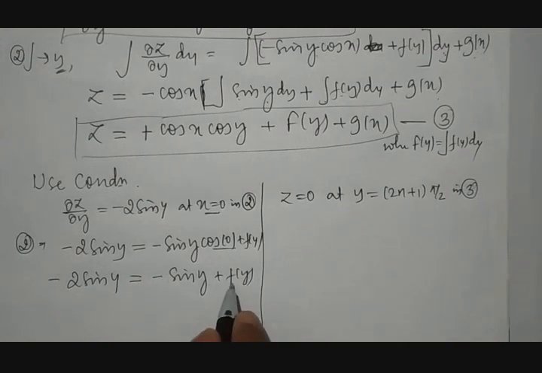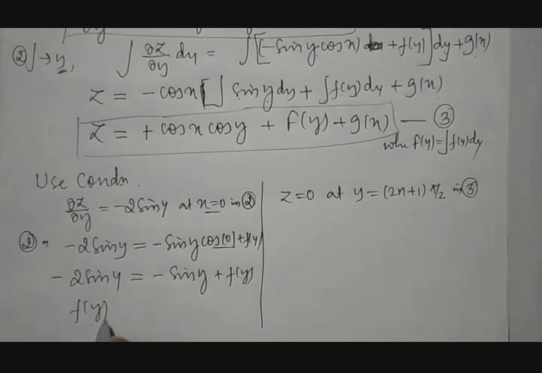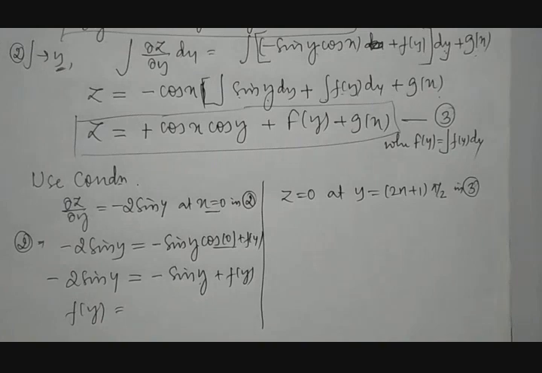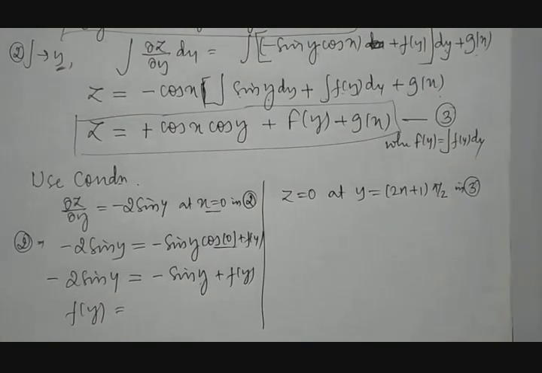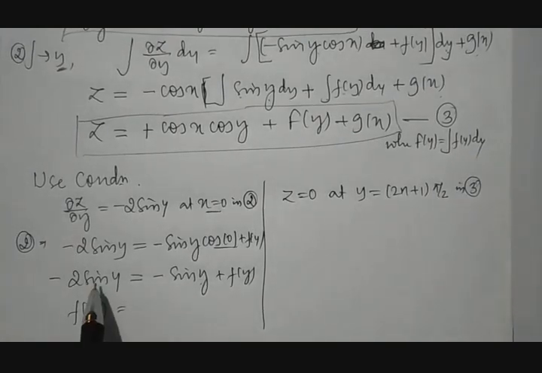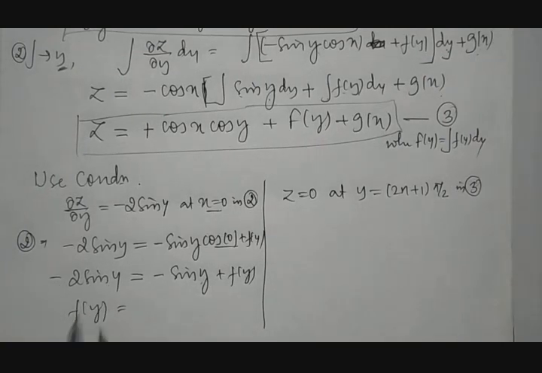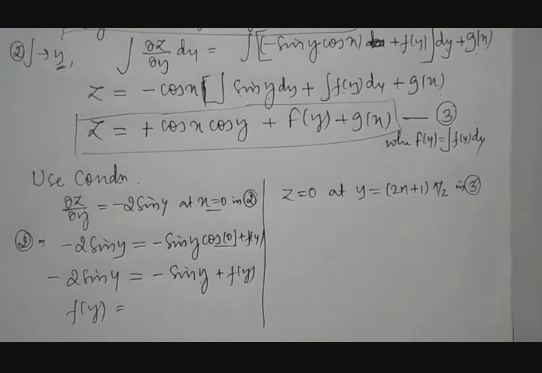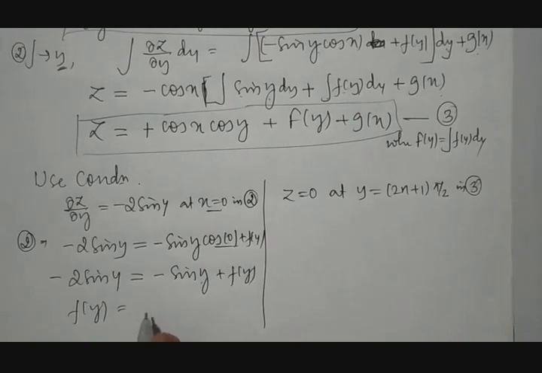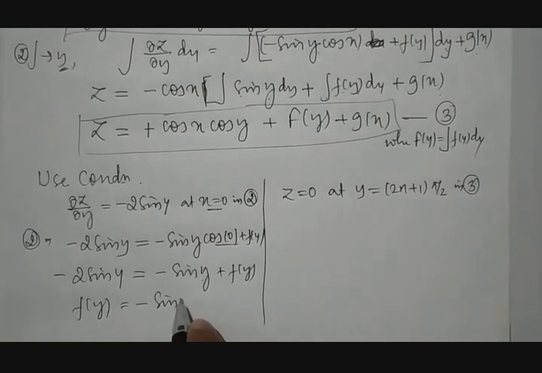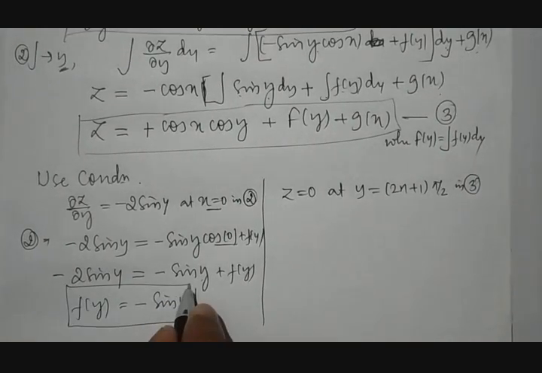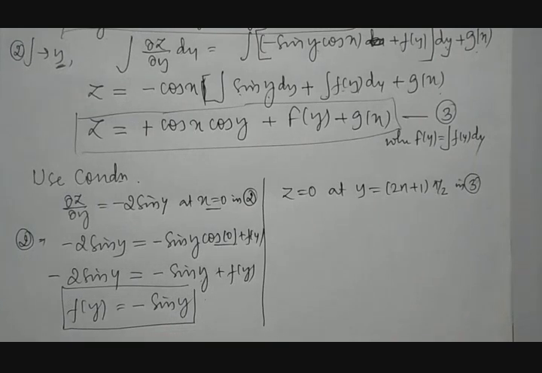We'll send this sine y to the other end to get f of y. When this minus sine y comes to the other end, it becomes plus sine y. But already minus 2 sine y is there, so it becomes minus 2 sine y plus sine y. Then what remains? Minus sine y. Therefore, minus sine y is the value of f of y.